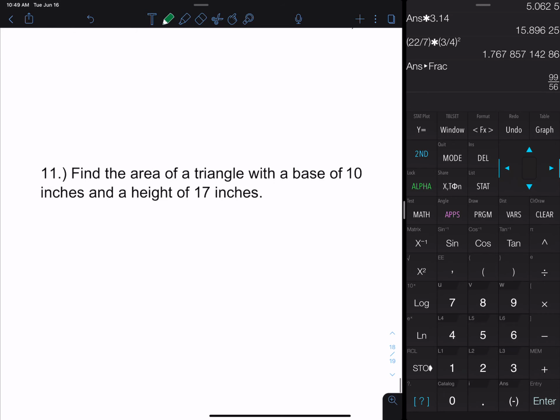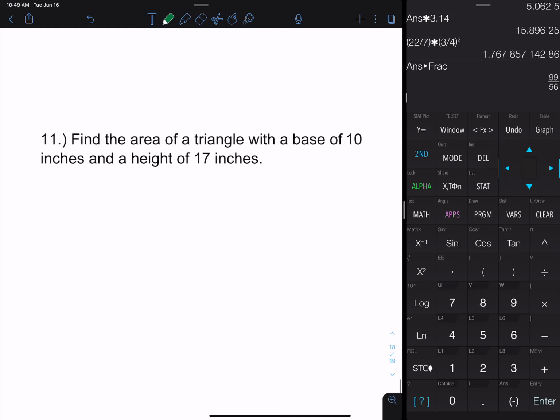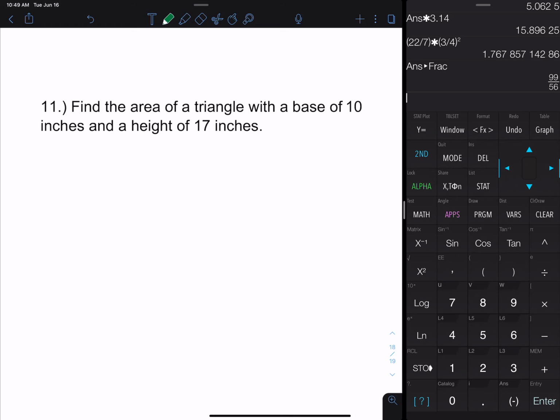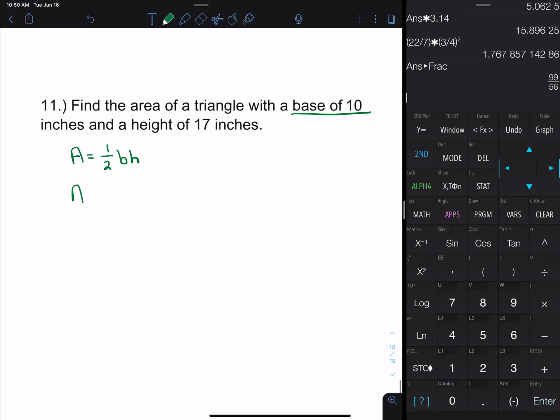Now we have another example. It says find the area of a triangle with a base of 10 inches and a height of 17 inches. So if we think about our formula for area of a triangle, it's 1/2 base times height. So they're telling me we have a triangle with a base of 10 inches.